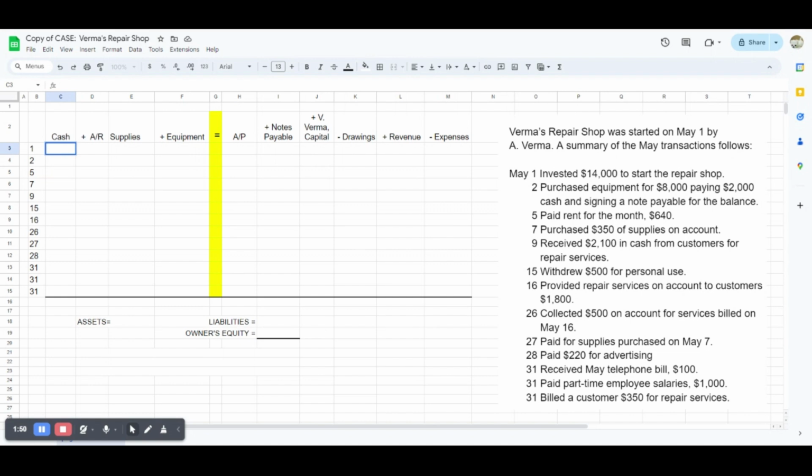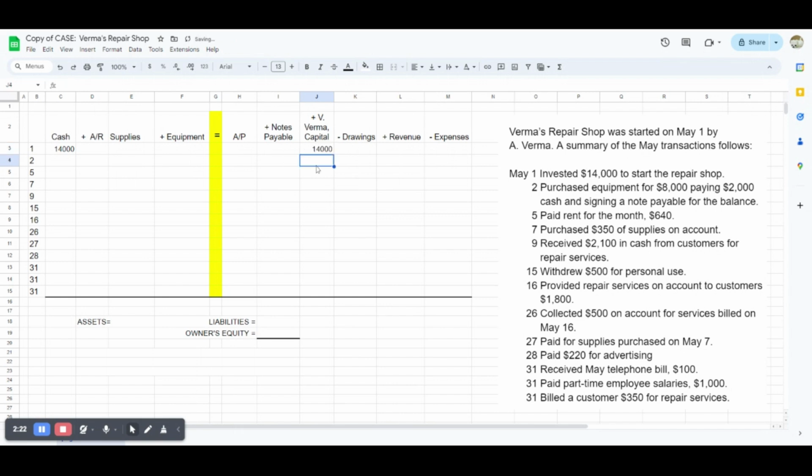Because if you're putting money into the company, the cash is going up, and also, if you're the owner, your capital in this company is going up because of the money that you put into it. So here we can just make cash go up by 14,000 and the capital will also go up by 14,000.